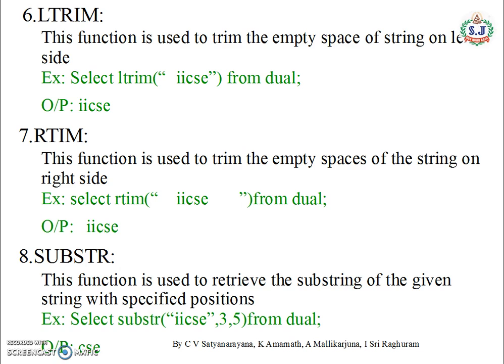In the below example, first the string needs to be mentioned and the starting point from where we want to retrieve the string and the ending point where the string has to end. So from this example, since the third character is C and the fifth character is E, these three characters will be retrieved from the string and form a separate substring, which is shown in the output below.